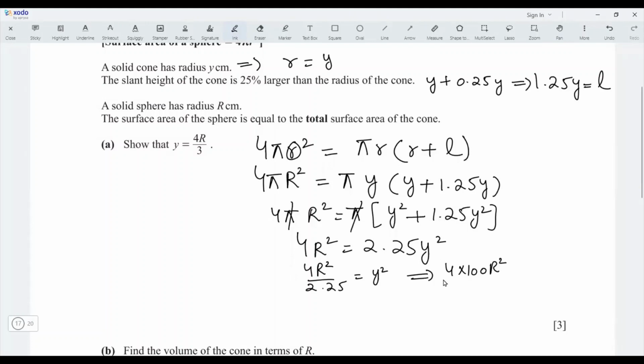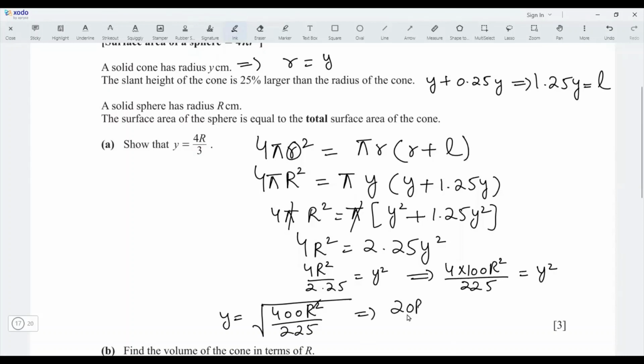It will be 400 R squared over 225 y squared. So now taking the square root on both sides, so it is 400 square root. What's the answer of the square root of 400? The square root of 400 will be 20. So 20 R divided by 15.